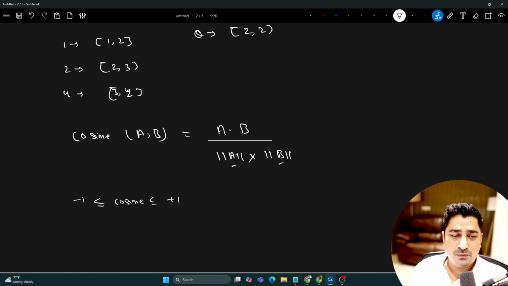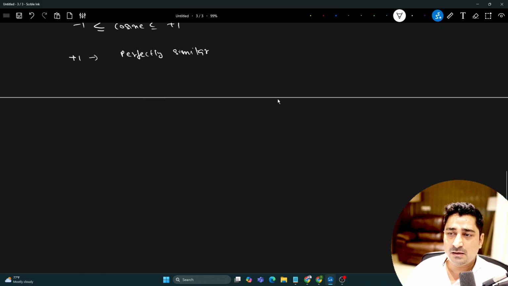If the output is closer to +1, it simply means the vectors are perfectly similar. If the result is closer to 0, then you can say that the vectors are orthogonal, meaning there is a 90-degree angle between the two vectors, and there is no similarity.